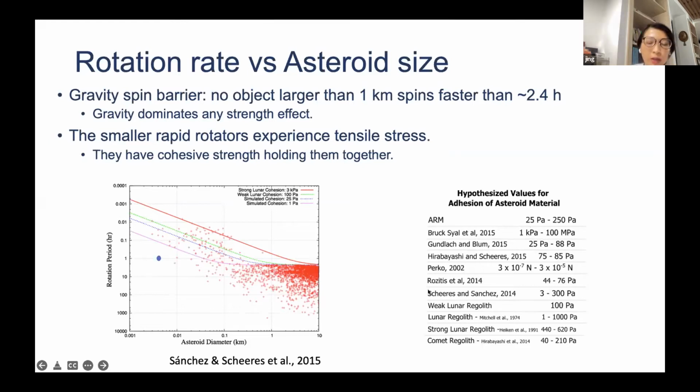Of course, we don't know, those values are quite wide. So with samples returned from Bennu and Ryugu, we are expecting some real nice data on the cohesion force from those samples. Then we can have a better estimation of the structure of asteroids.